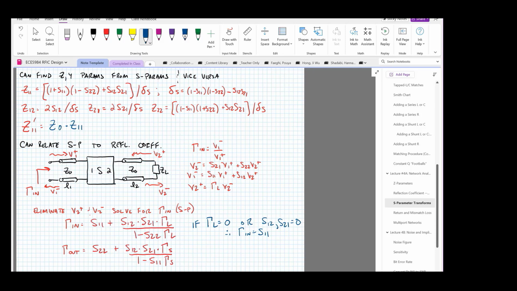Or if either of the transmission parameters is equal to 0, then gamma n is equal to S11.